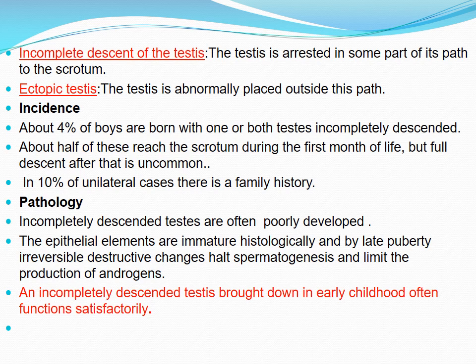We talk about the pathology. In case of incompletely descended testes, definitely the scrotum is poorly developed. The epithelial elements of the testis itself, if they stay undescended, later on at puberty will become histologically immature, and may lead to irreversible damage that halts spermatogenesis and limits the production of androgen.